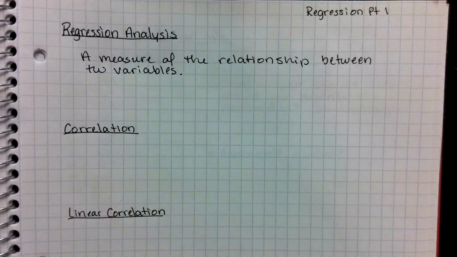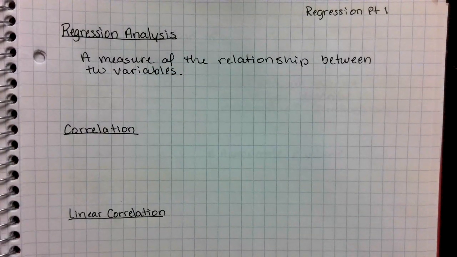So your relationship between your two variables can form many different types of regression. Like I mentioned, linear, exponential, quadratic. One way to think of it is linear. You're going to have a constant change. As one variable changes, the other variable should change as well in a constant manner.